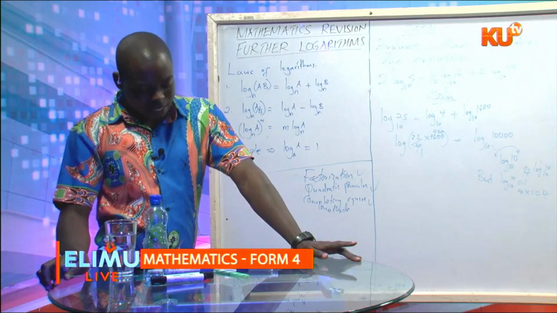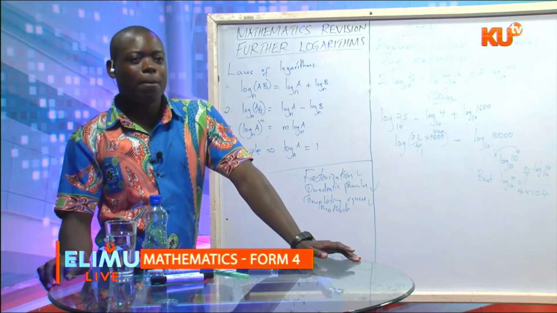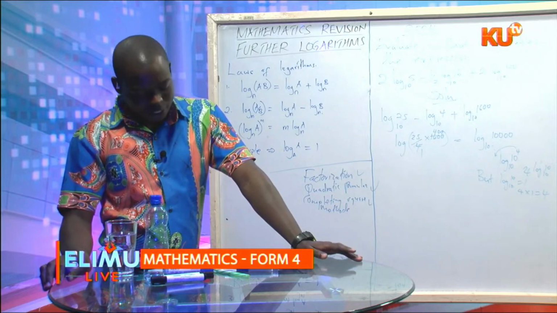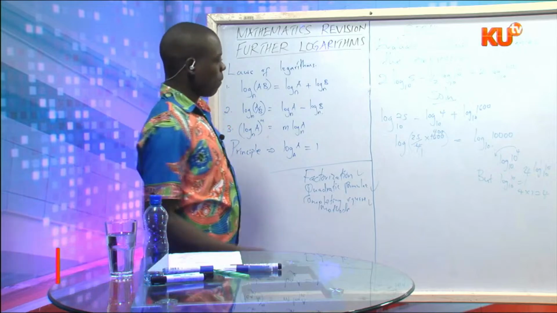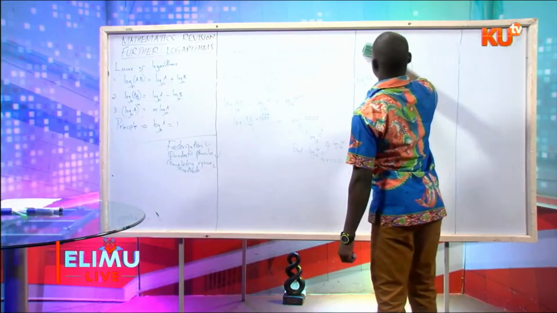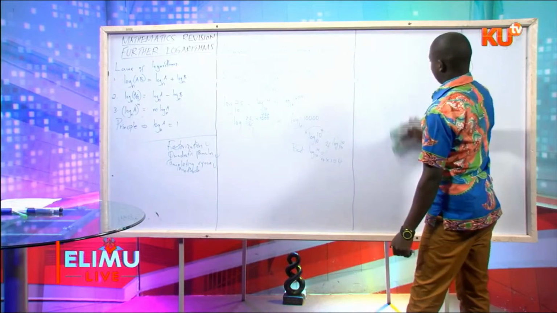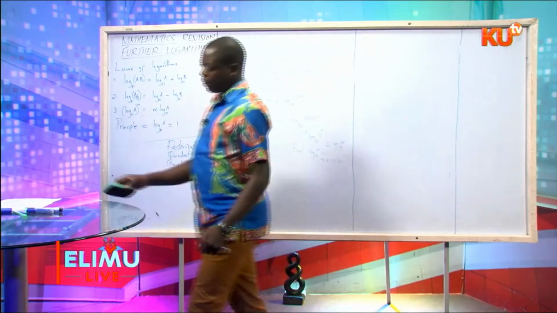So again, in 2005, what happens is we are not given the expression. We are now given an equation. So we work out the equation in 2005.